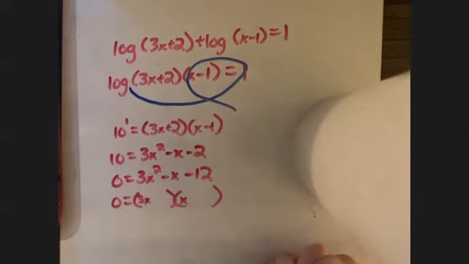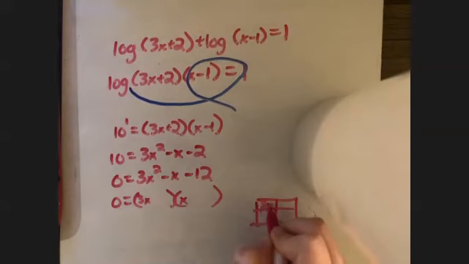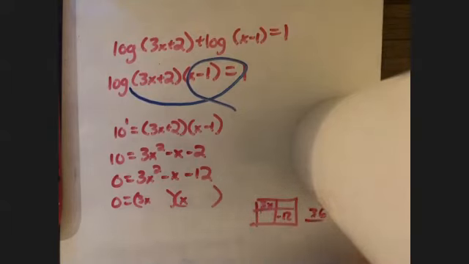Okay, let's see. -3, 1 and 36, 2 and 18, 3 and 12, 4 and 9.